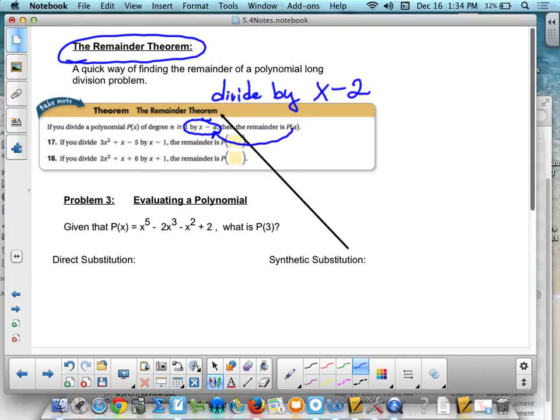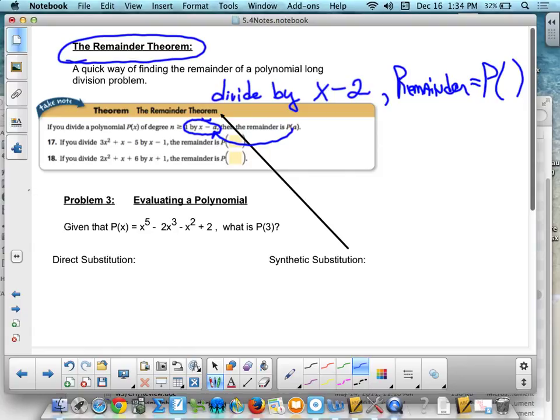So the remainder is equal to your polynomial evaluated at what? If you divide by x minus a, then the remainder will be p of a.